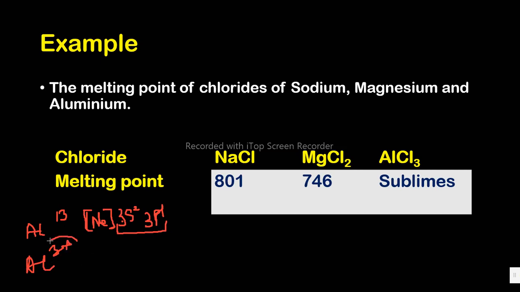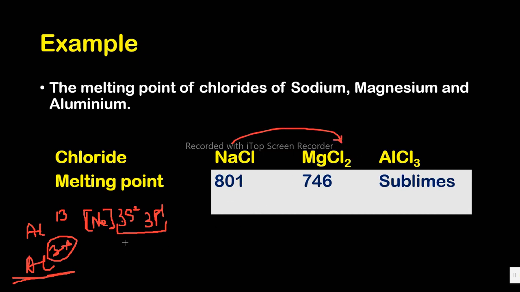So it has a high charge, and having a high charge, its ionic radius is very small compared to these other members. But it has the highest charge of all the 3 members.